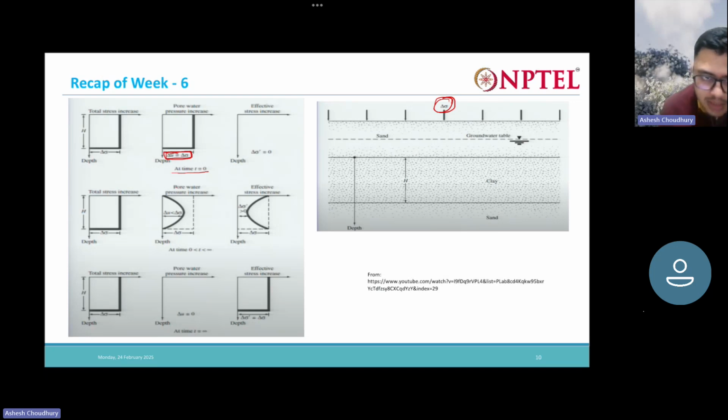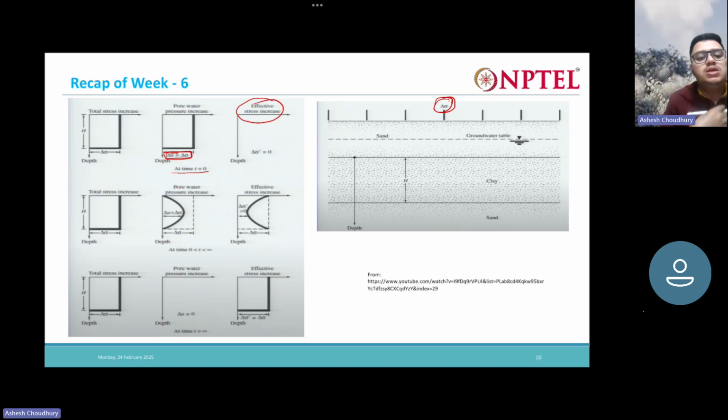Isn't it right? Delta U is equal to delta sigma. And the effective stress is 0, because the vertical stress that you applied is immediately taken by the water. It is not yet transferred to the soil structure. That is why the effective stress is 0.